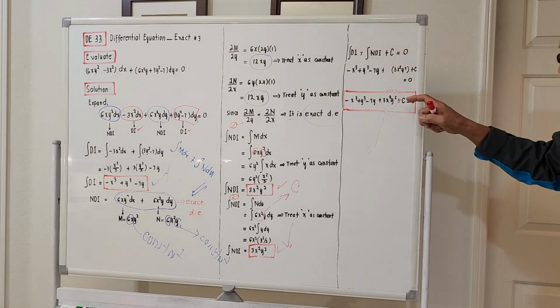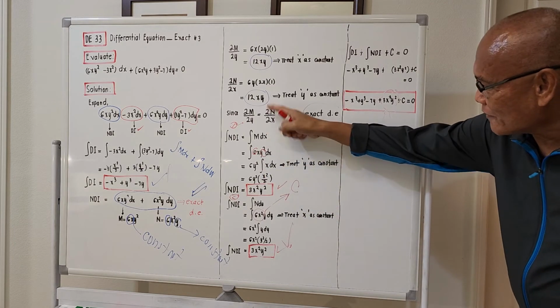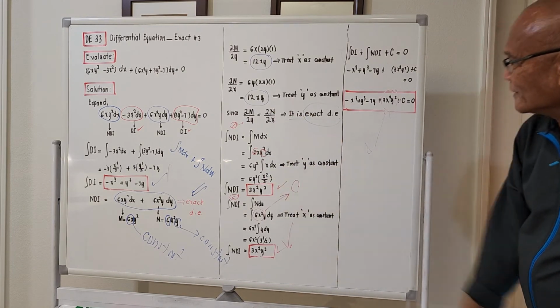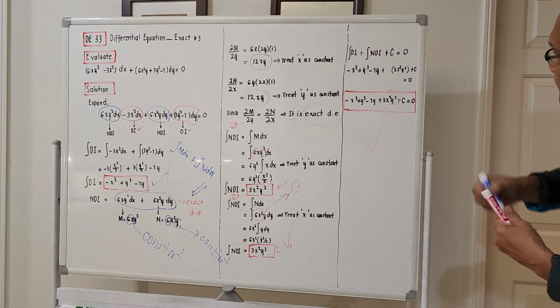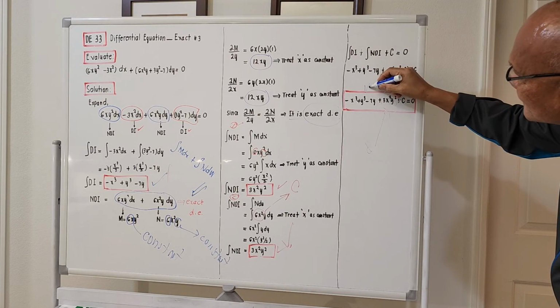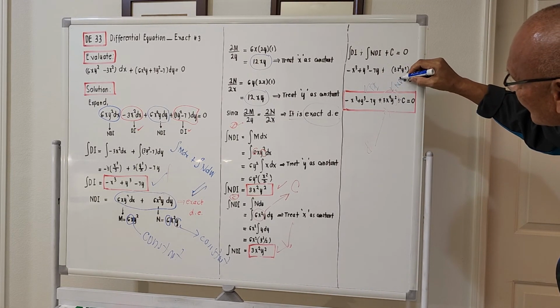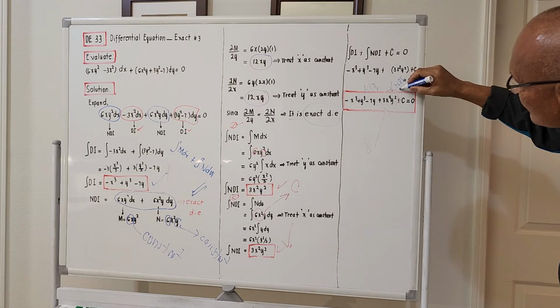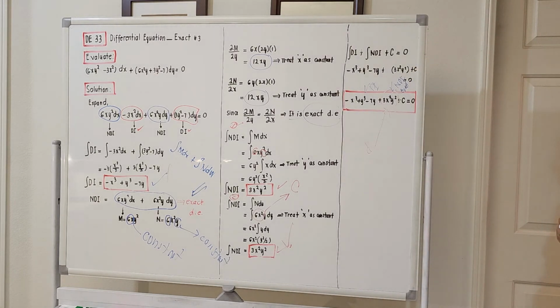Okay, and how did we arrive at this one? We present two solutions. The integral of m dx or the integral of n dy. Okay, so this is the directly integrable, the first one. This is the not directly integrable, and luckily it is an exact differential equation. Oh, that's it, guys.